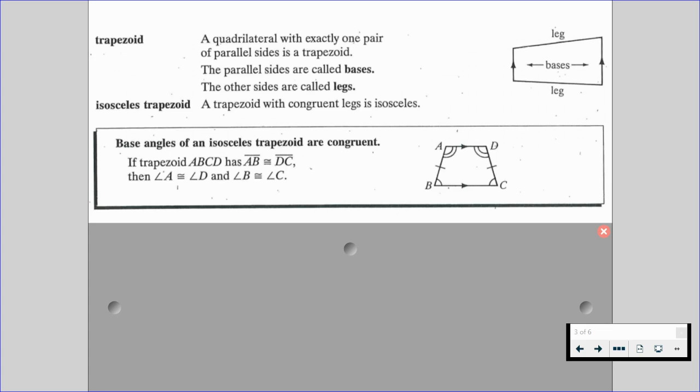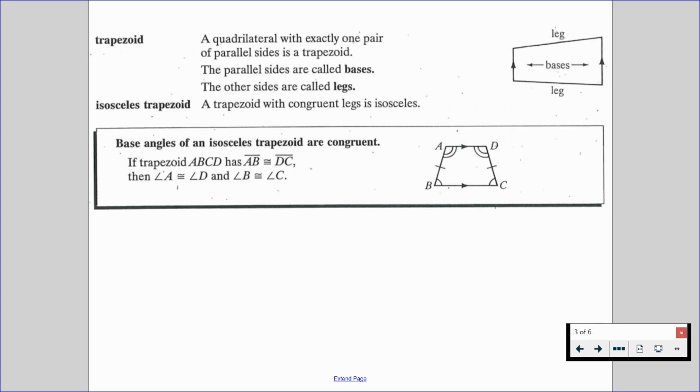So if trapezoid ABCD has segment AB congruent to segment DC, then we're going to know that angle A is congruent to angle D, and angle B is congruent to angle C. Again, it's very similar to triangles that have three sides. Now we're talking about an isosceles trapezoid that has four sides, but similar properties are going to appear again.